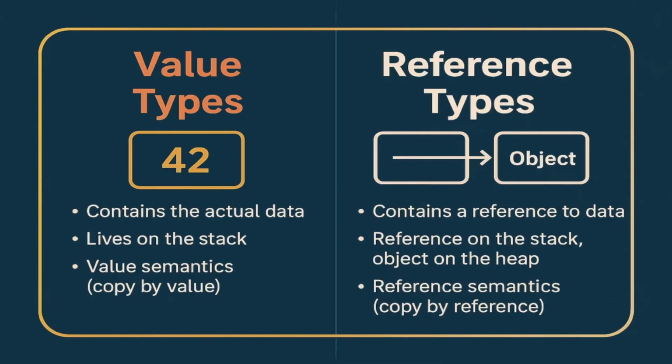Now, in value type, in this diagram, if you take a look, we have a box, and within the box there is a 42 number. So 42 is the data, right? That yellow box is actually a representation of a memory block where the actual data is stored. However, if you look at the reference side, we have two boxes.